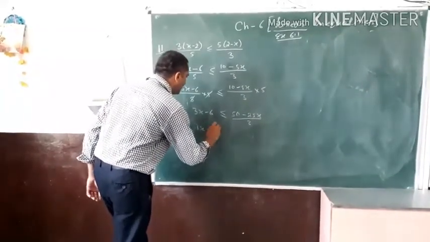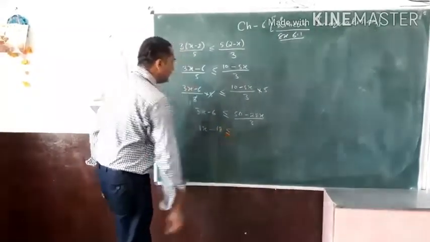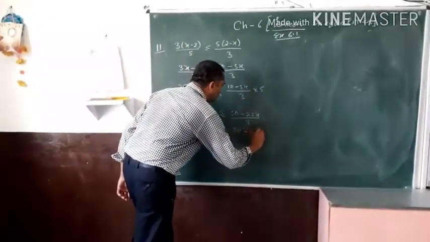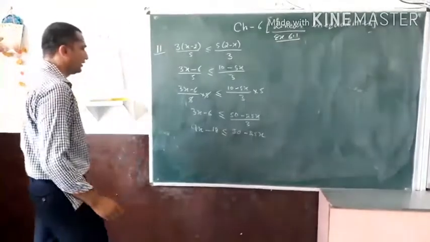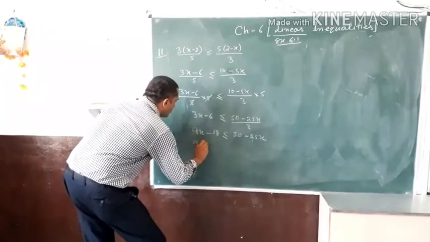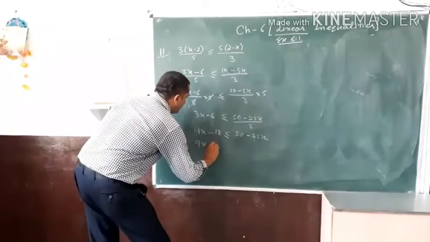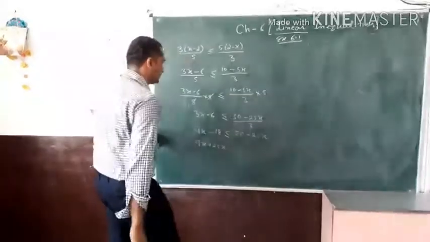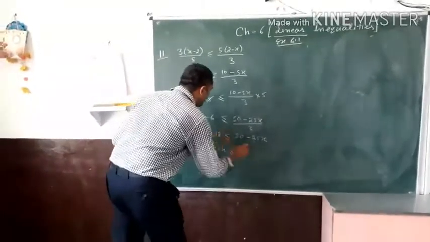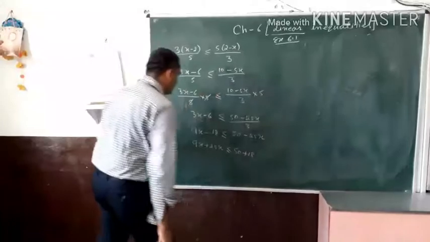9x minus 18 less than or equal to 50 minus 25x. Now collecting the variable terms, 9x plus 25x less than or equal to 50 plus 18.